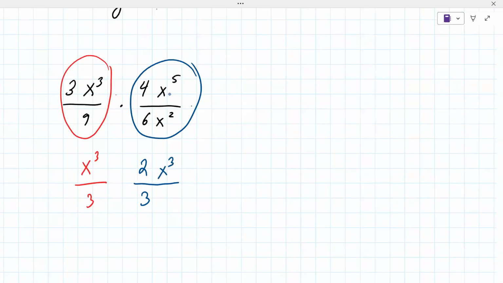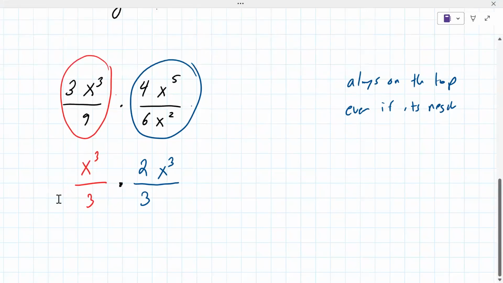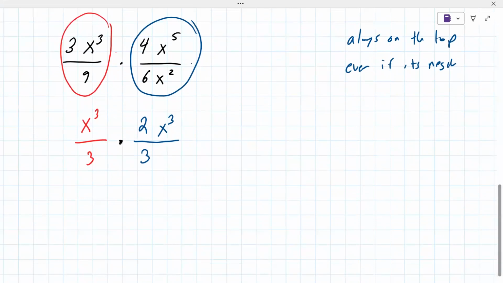On the top. So it always goes on the top. All right. Always on the top, even if it's negative, we'll get to that at some point. Now you're still multiplying. If you multiply the tops, multiply the bottoms. Bottom is 9. I'll put a 2 up here. It's x to what power? X to the 6th. Good.